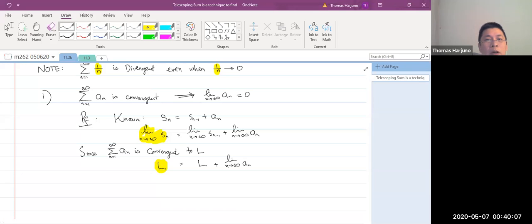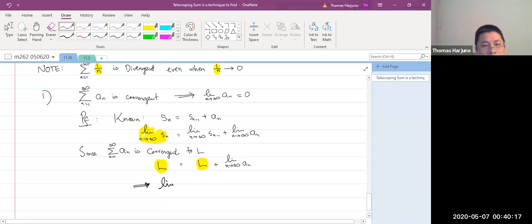Now from here we see that it implies the limit as n goes to infinity of a sub n, the nth term, should be 0.